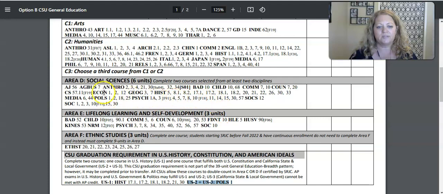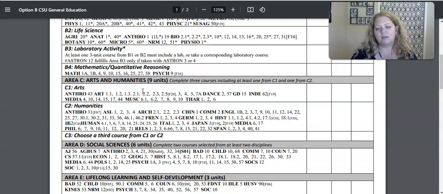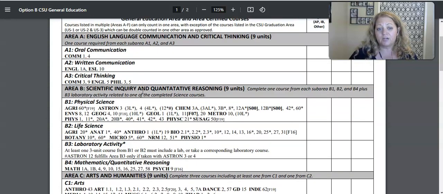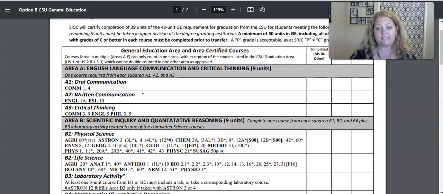So if you take Poli-Sci 1, it would also count in social sciences. Same with the histories. And there's also some history up in the humanities area as well, 17.1 and 18.1 and 18.2, okay? So the GE is a big part of your education, no matter what your major is.